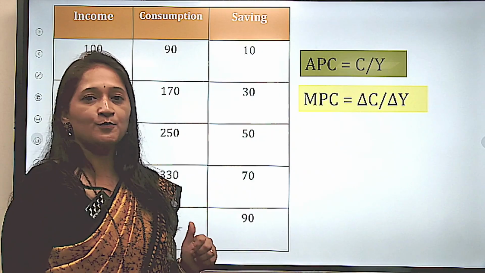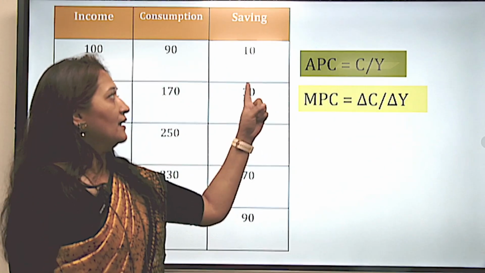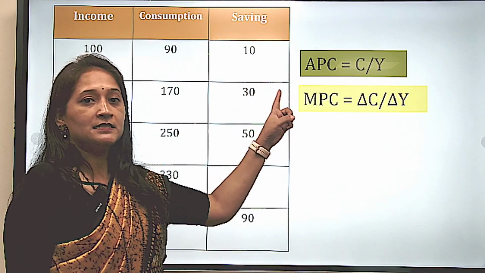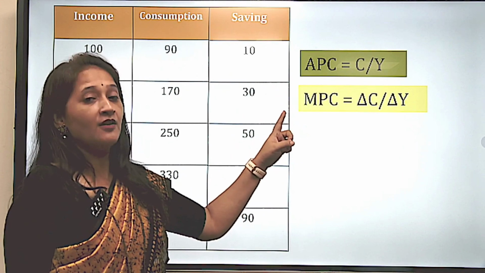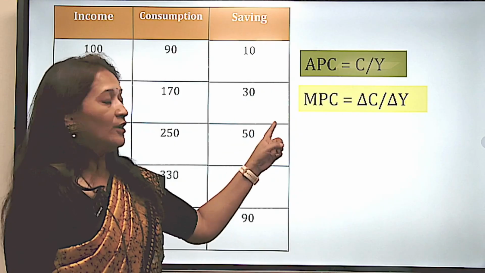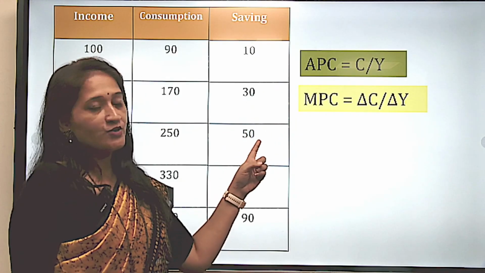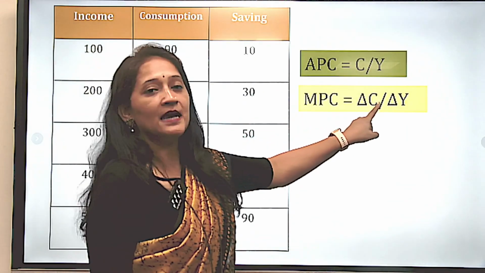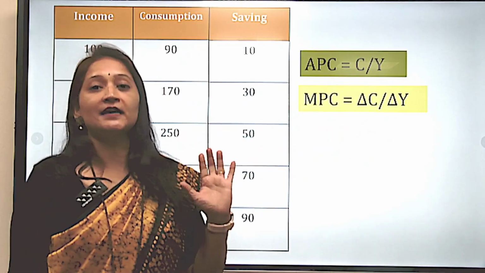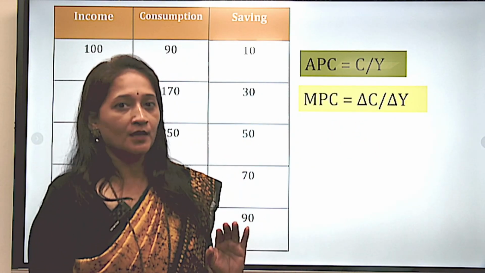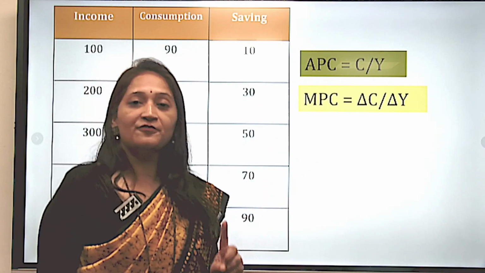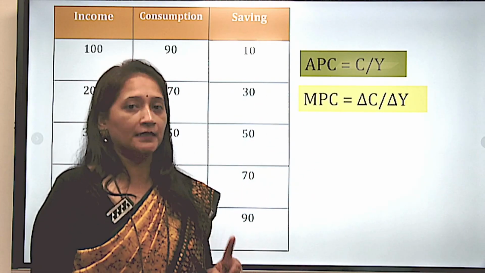For average propensity to consume, the formula is C, total consumption divided by total income of the country for each period. The formula for the marginal propensity to consume is delta C upon delta Y, where delta C refers to change in consumption, whereas delta Y refers to change in income.